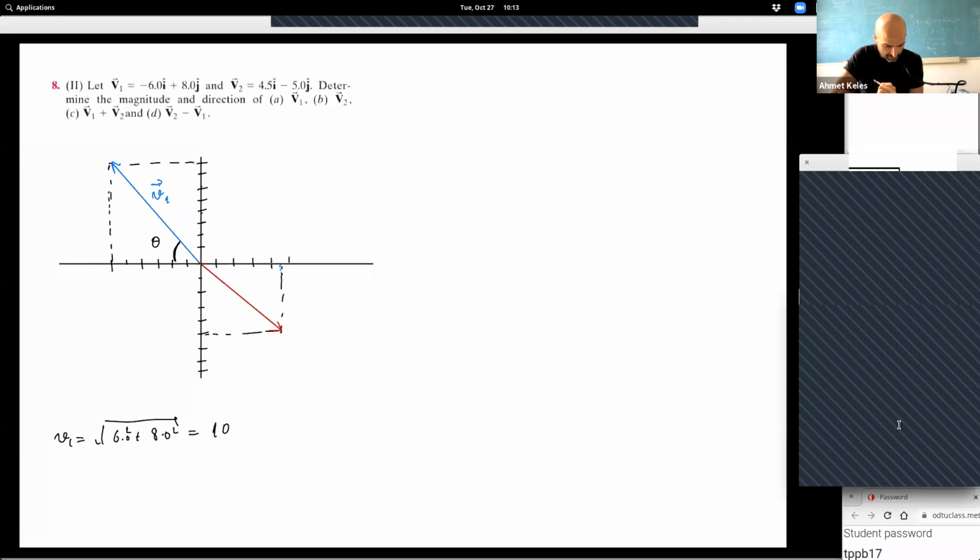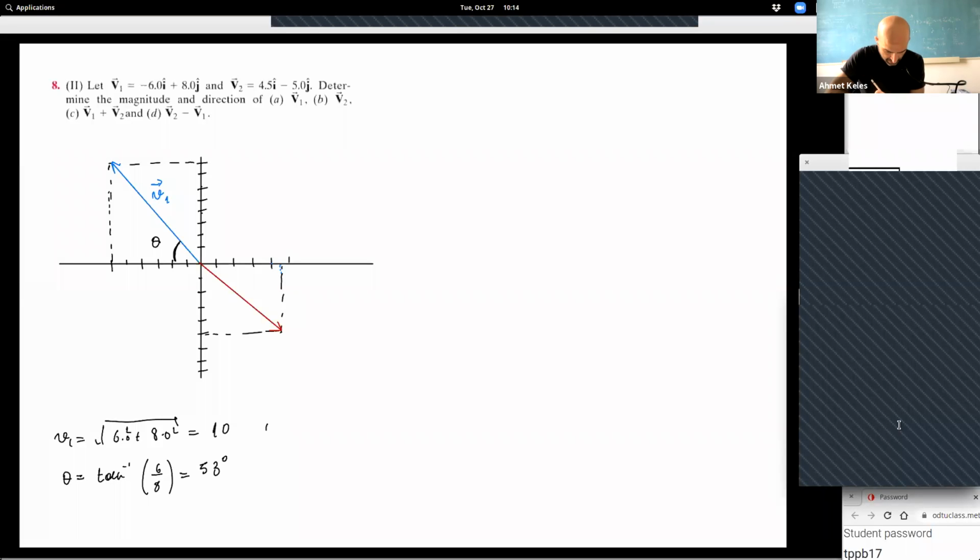And the direction, maybe we can calculate this, called theta, and theta is this side divided by this side, which is 8 divided by 6, and I want to take inverse tangent of this, and it seems like my calculator is telling me it's about 83 degrees.